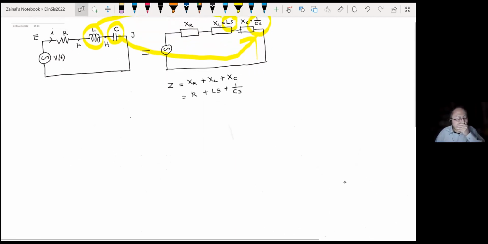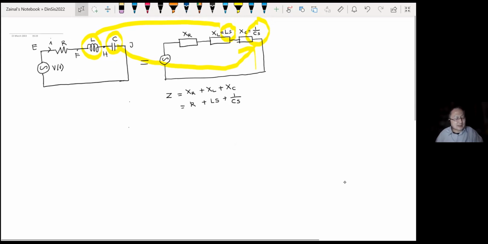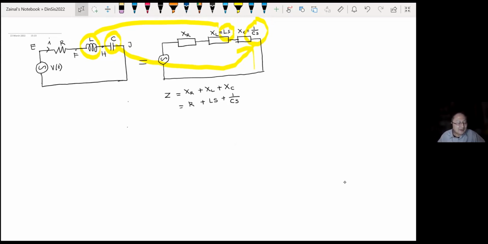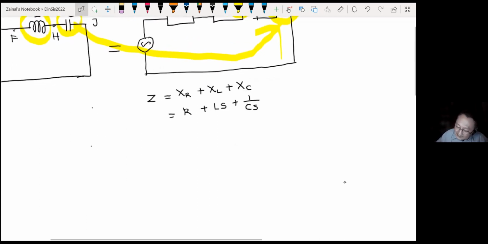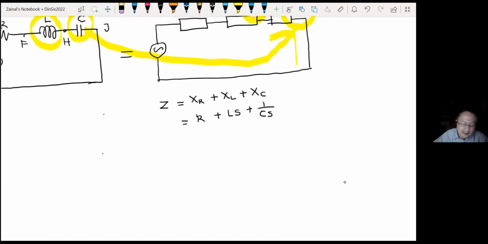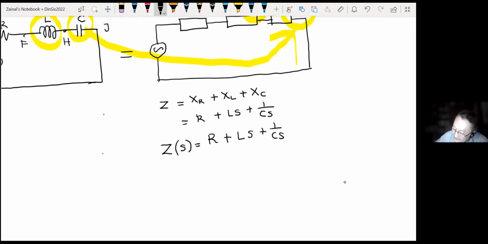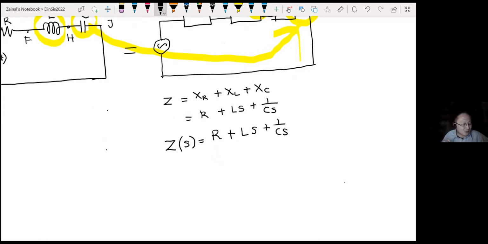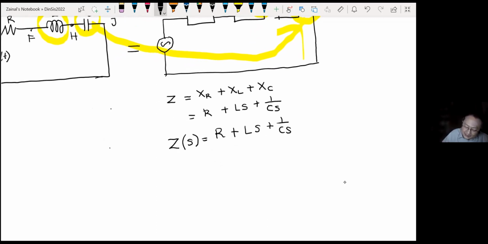If you have something like this, it means that the impedance as a function of S is equal to R plus LS plus 1 over CS.